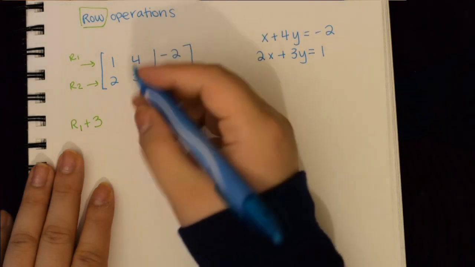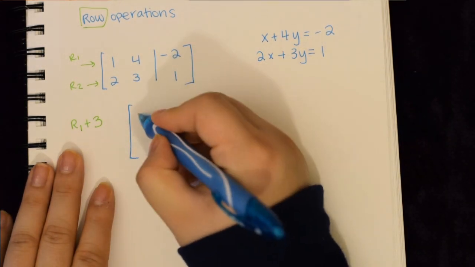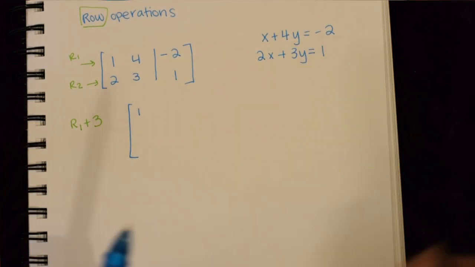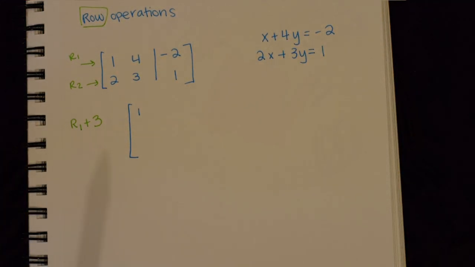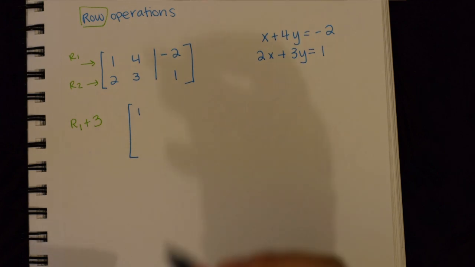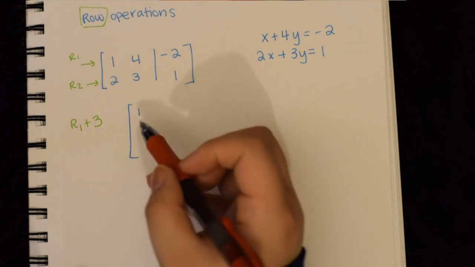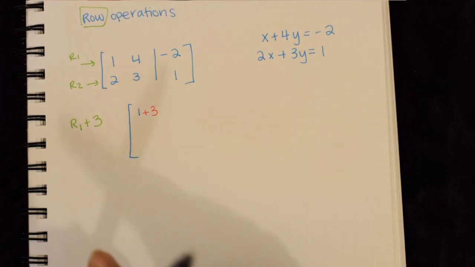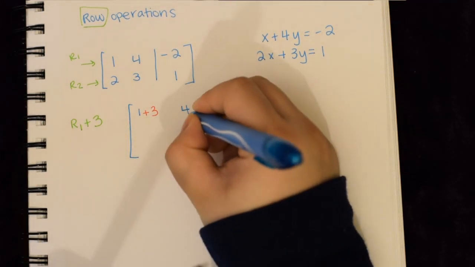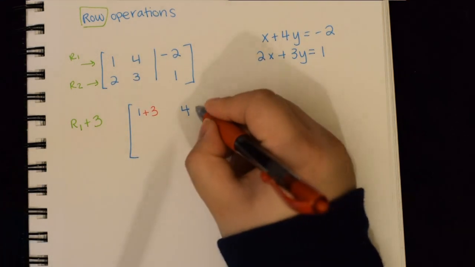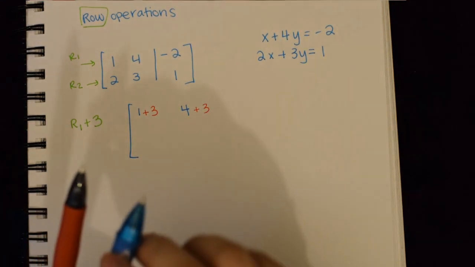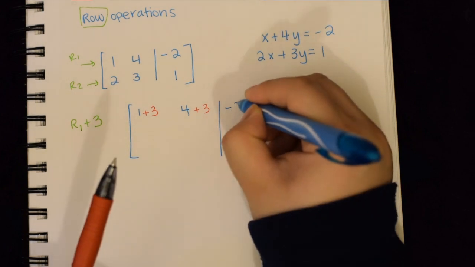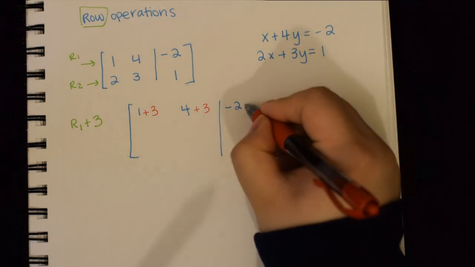So I would basically do 1, and since this is the first time that we are doing this kind of stuff, I'll just write out 1 plus 3. Then we have 4 plus 3. And then -2 plus 3.